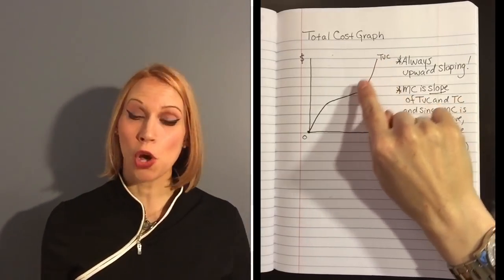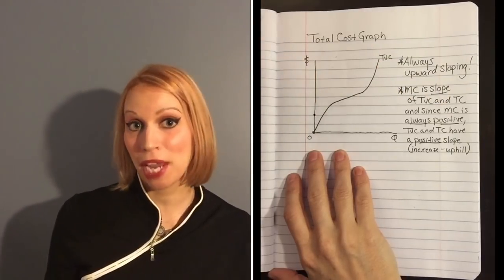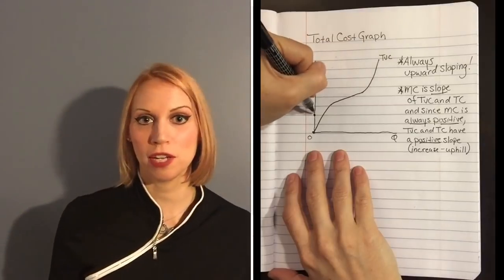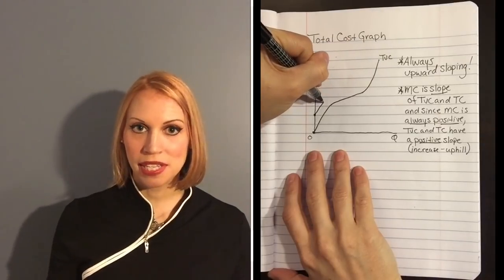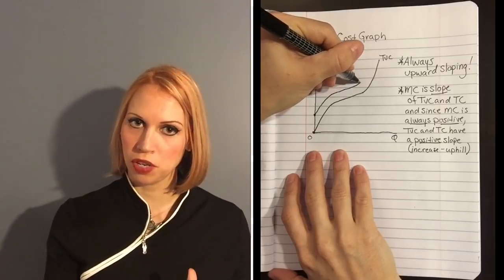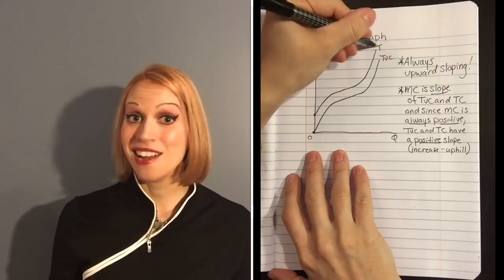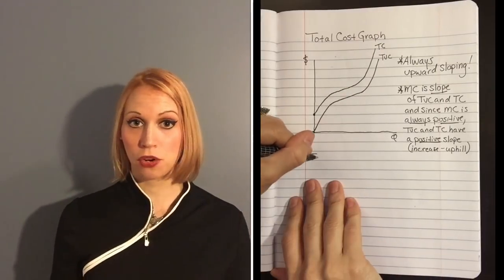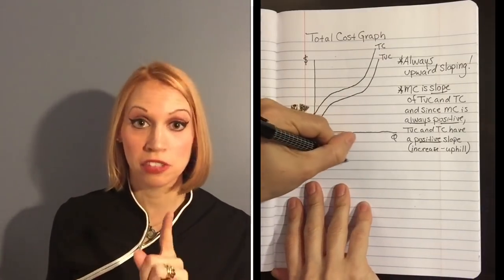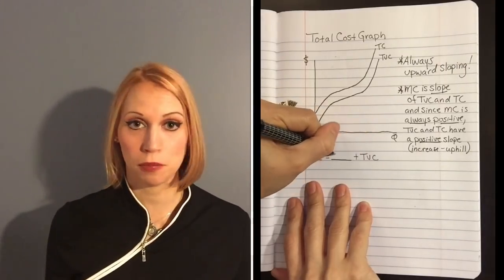Let's draw your total cost curve. Your total cost curve is going to be parallel to your total variable cost curve. Remember we said yesterday, total cost is your total fixed plus your total variable. So if your total cost goes up by $400, none of that $400 could have come from total fixed, because total fixed cost never changes. So that $400 must have come from total variable cost.